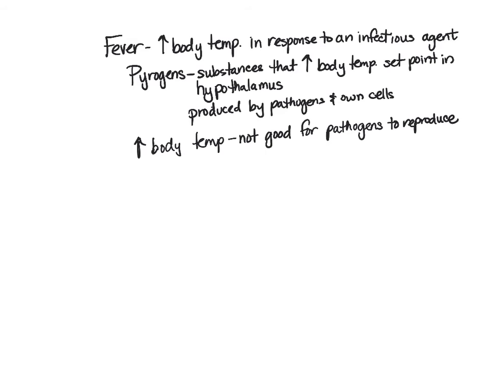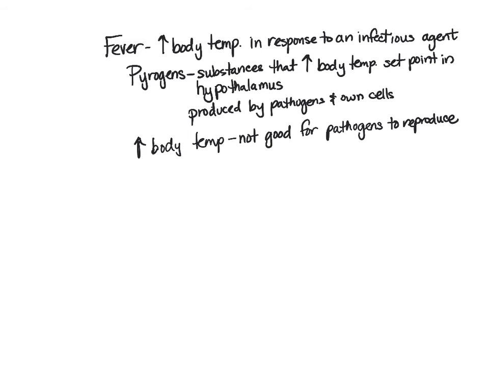If our body then increases its temperature, then it's not in a real comfy spot for these pathogens. And so these pathogens are not going to go through the process of reproducing because they're in an uncomfortable spot. So if we increase our temperature, then we decrease the ability for the pathogens to reproduce, which gives our body time to come in and get rid of the bacteria or the pathogen that's already in there.